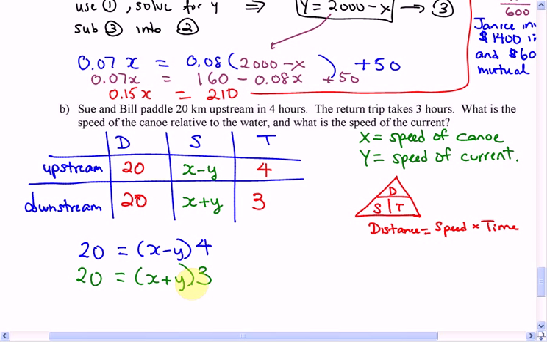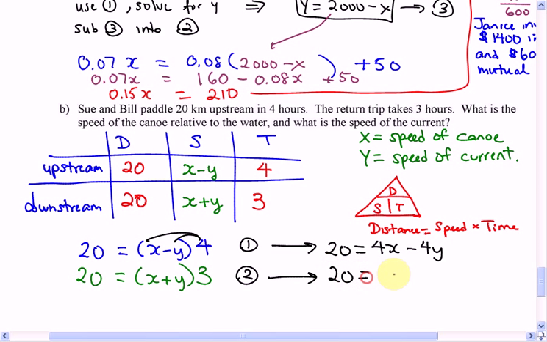There's many ways you can do this one. Some of you probably ask yourselves to distribute, so that's fine if you want to do that. So equation number 1, equation number 2. If I were to distribute, you get 20 equals 4x minus 4y. And then, of course, in this case, if I distribute here, you get 20 equals 3x plus 3y.